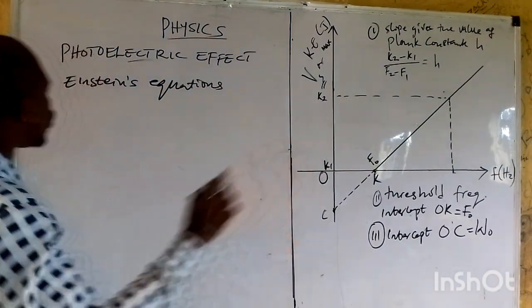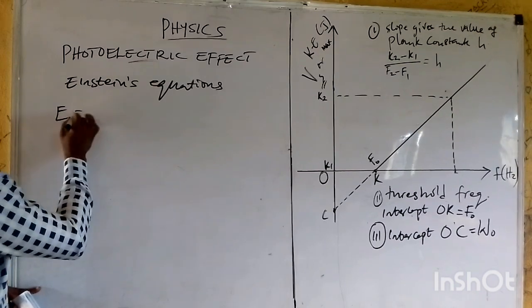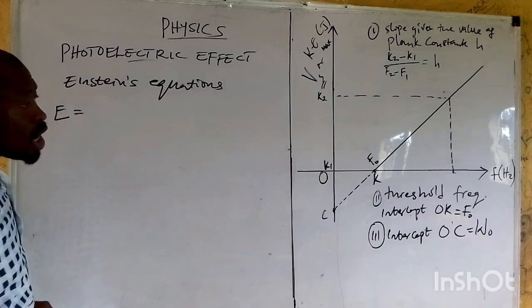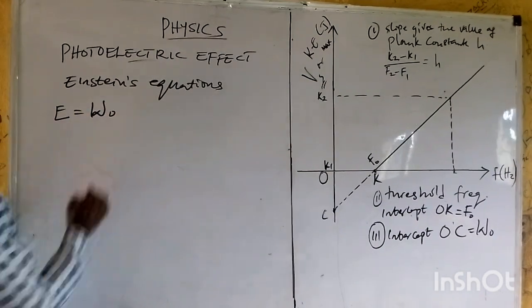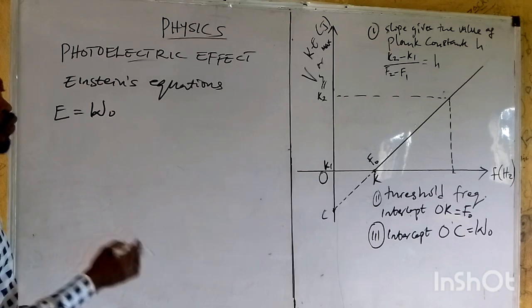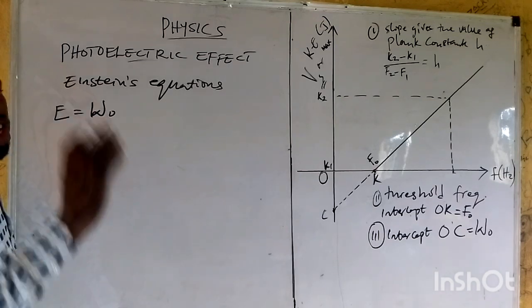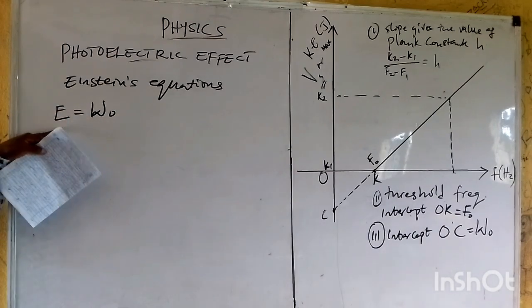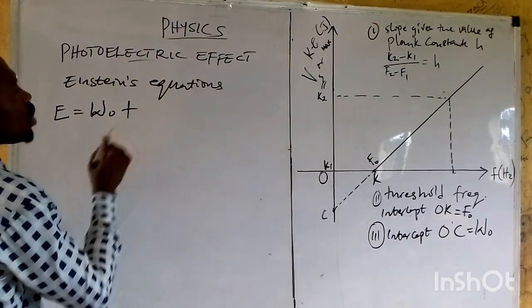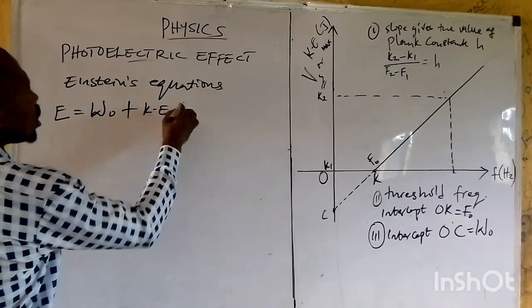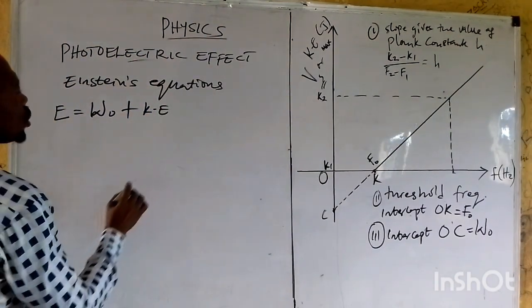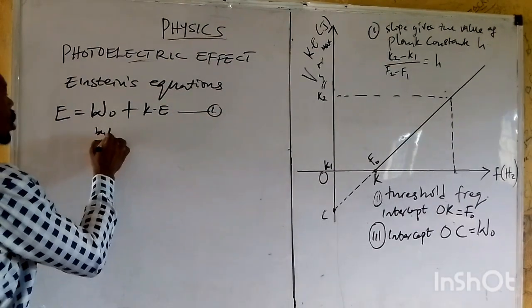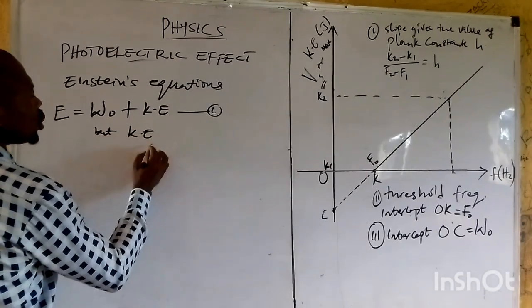The energy of the incident radiation that falls on the metal surface: the first part releases the work function, which liberates the electron. If it liberates the electron, the remaining part of this energy gives it kinetic energy. We now have this as equation 1.